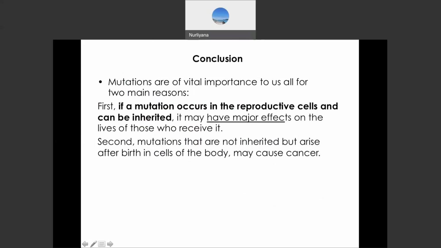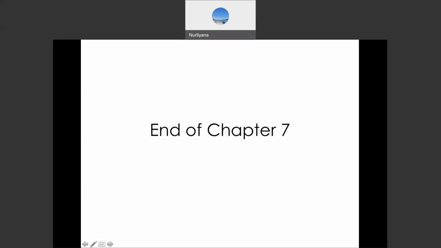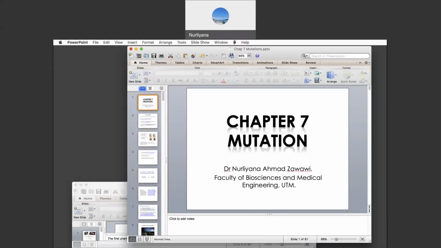So we don't inherit them, but we are exposed to UV light, X-rays, or beta or gamma rays. We are exposed to agents like bromouracil and acridine orange. We don't inherit them, but they can cause us cancer. So it causes some disabilities to our body. So that's the end of chapter 4.